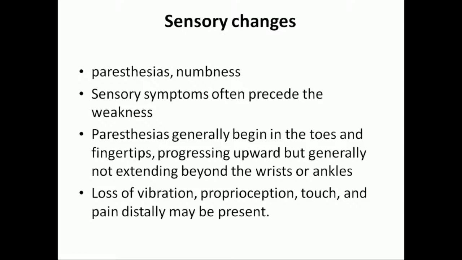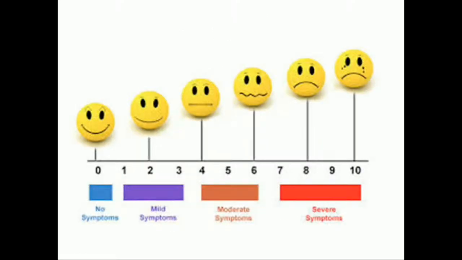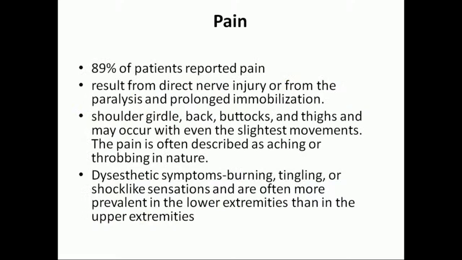Usually the paresthesia starts at the tip of toes and fingers and progresses proximally, and they are restricted to the wrist and the ankle. There may be loss of vibration, proprioception, touch and pain distally. There is excruciating pain present in 90% of the patients. It may be because of direct nerve injury or paralysis or immobilization.